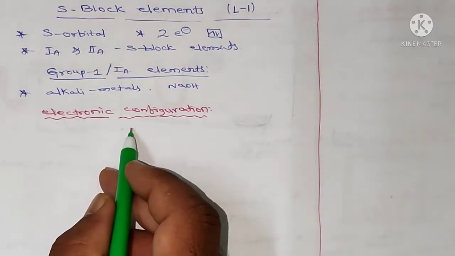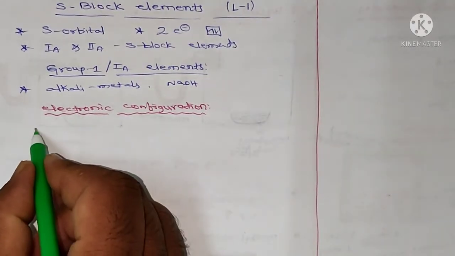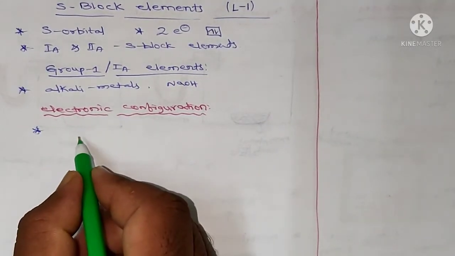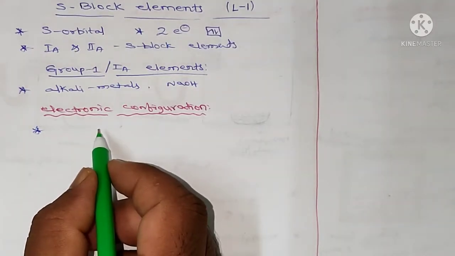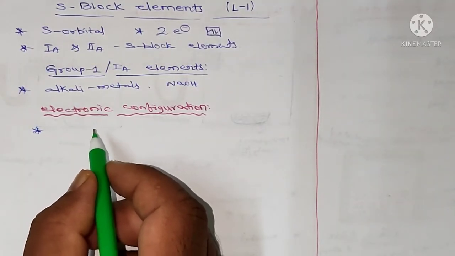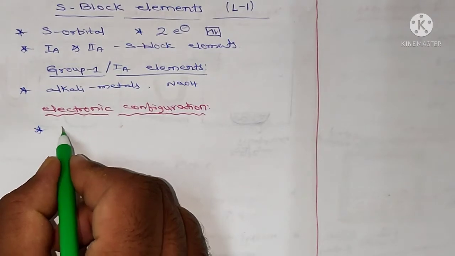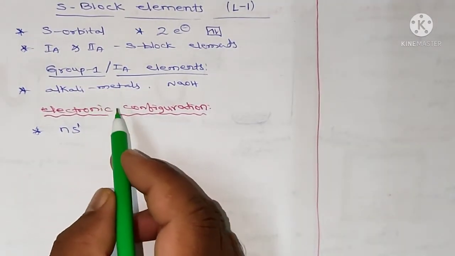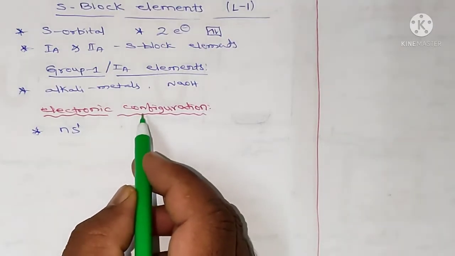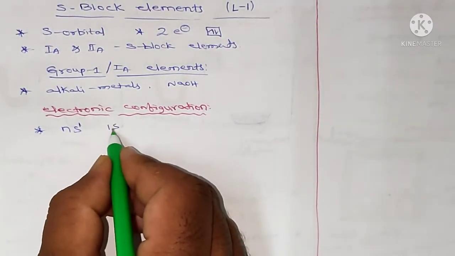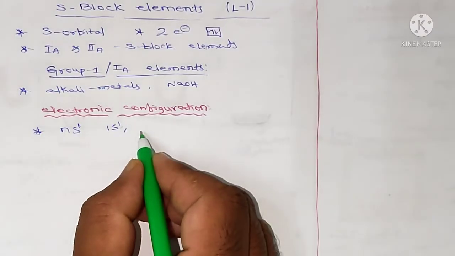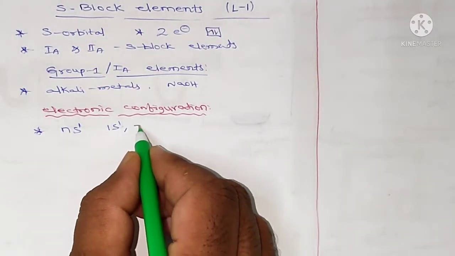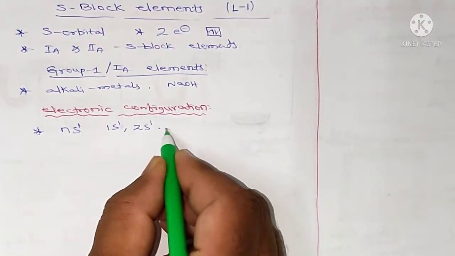Next, electronic configuration. All the alkali metals have one valence electron, so their common outermost electronic configuration is ns1. In first group elements, the first element's outer electronic configuration is 1s1, and the second element's is 2s1, and so on.